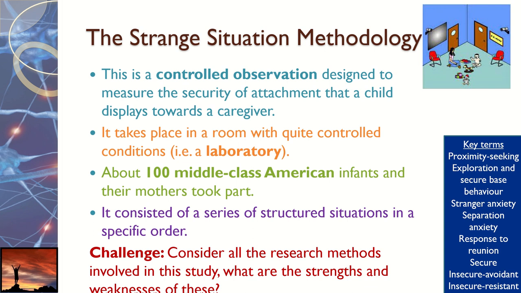So she used a controlled observation, which we know from our research methods knowledge is an observation done in a controlled environment, an environment where extraneous variables are controlled for. But it was an observation, which meant they were just noting down what they saw at different points.